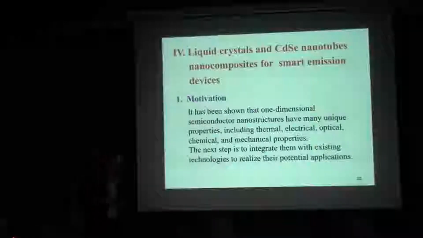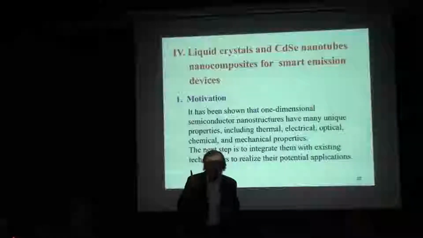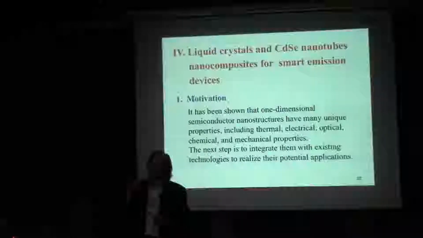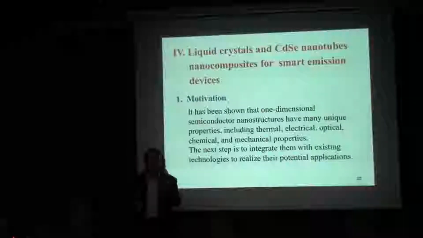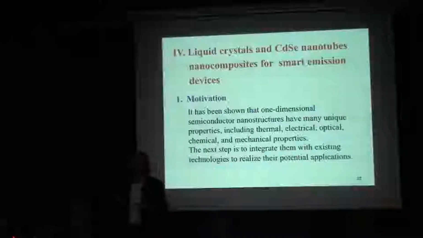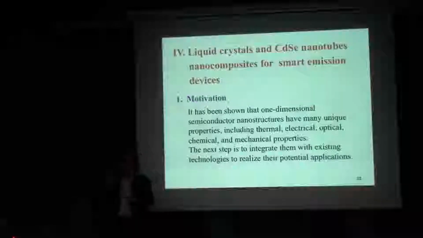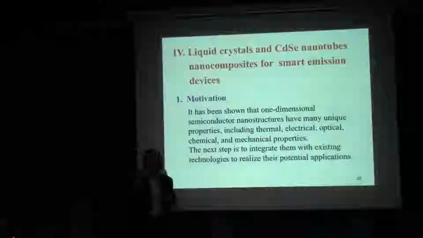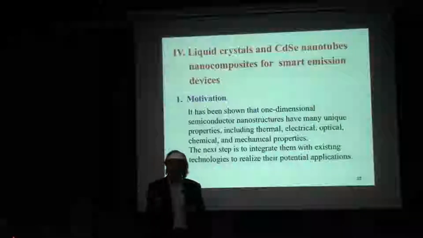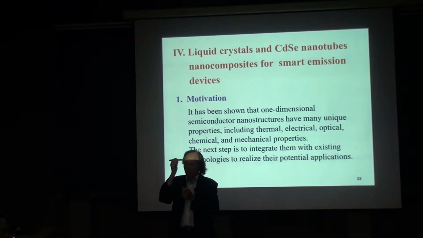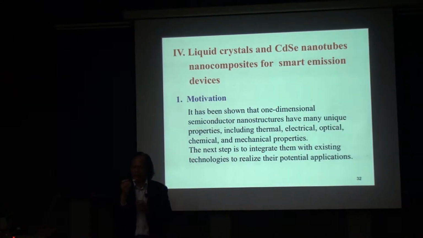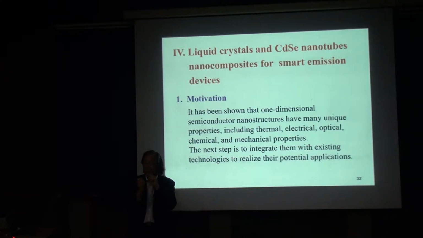So here you can see, we provide a very good, simple way to make well-aligned semiconductor nanowire. This is the first one. The second one, we have the opportunity to use the electric field to change the direction of a semiconductor nanowire. And just remember that the geometric structure of a semiconductor nanowire is very anisotropic, so its physical properties strongly depend on the direction.